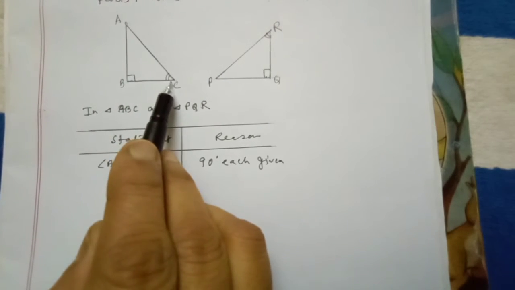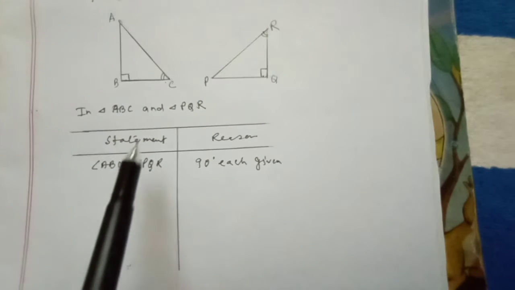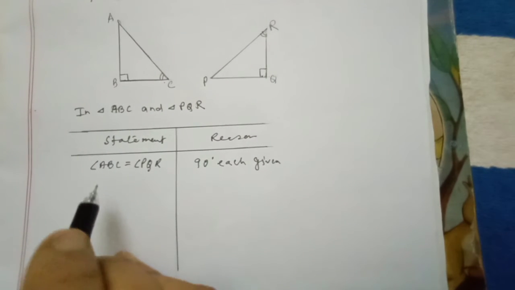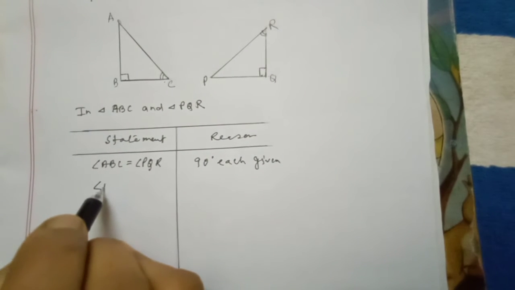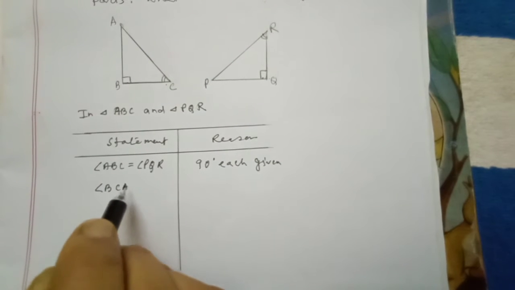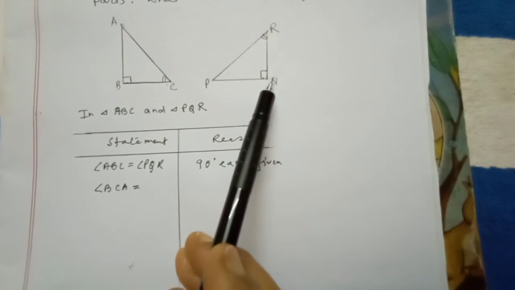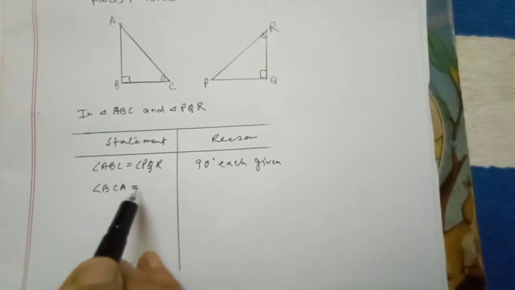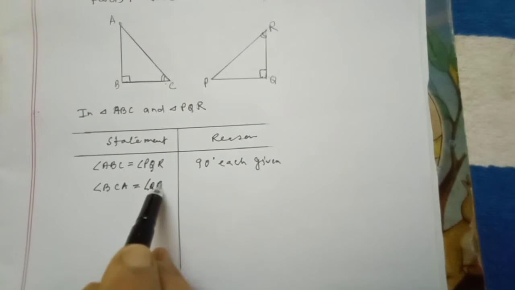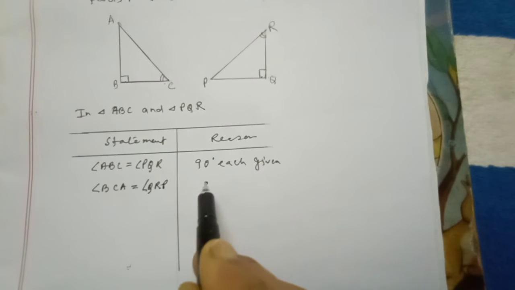Now angle C also equal to angle R, it is also given. So angle BCA equal to angle QRP, this is also given.